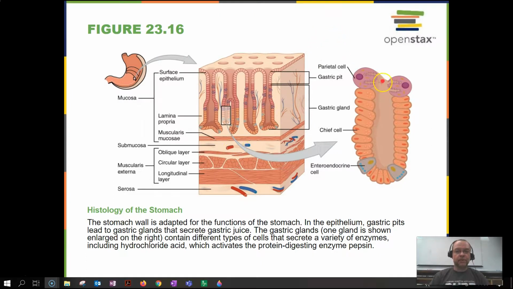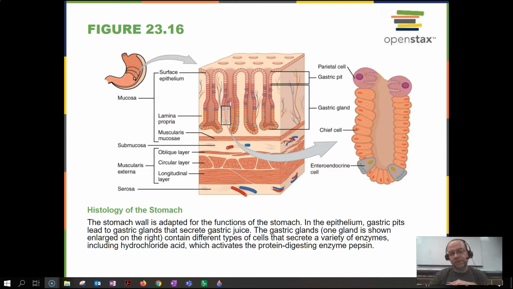So together, the hydrochloric acid coming from the parietal cells, the pepsinogen coming from the chief cells, and the mucus coming from the mucus-producing cells, combined with the food contents, the bolus that came via peristalsis through the lower esophageal sphincter, all that mixed up forms what we call gastric juices.